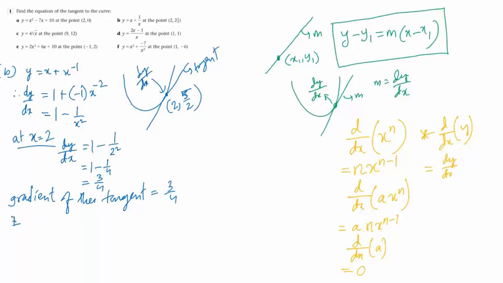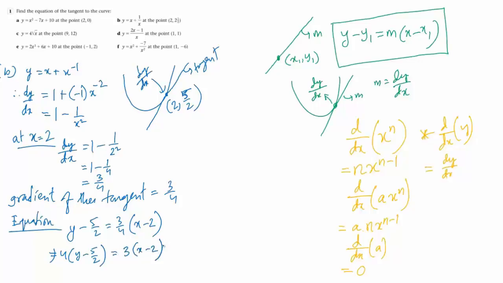So let's find the equation of the line. Equation of the tangent line, we have y minus y1, which is 5 by 2. The y coordinate is 5 by 2. Then the gradient 3 by 4. Then we have x minus x1, which is 2. Let's cross multiply and remove the fraction. So 4 into y minus 5 by 2 equals 3 into x minus 2.